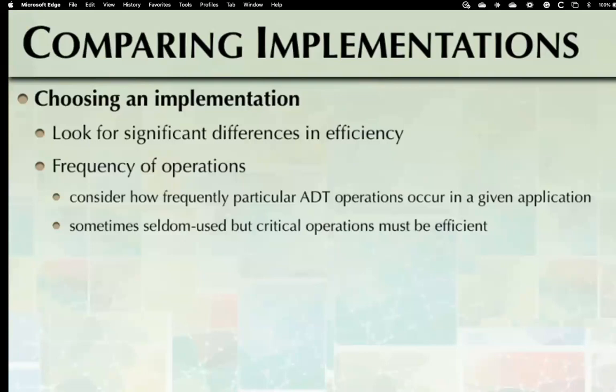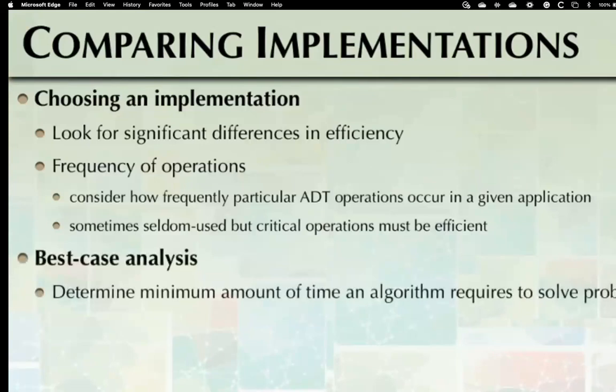But the contains method of implementation B is significantly more efficient than A's. We may decide to use implementation B if our application is going to be searching the ADT frequently, and we may decide to use implementation A if our application will add items to the collection but does not need to search or remove specific items very often.